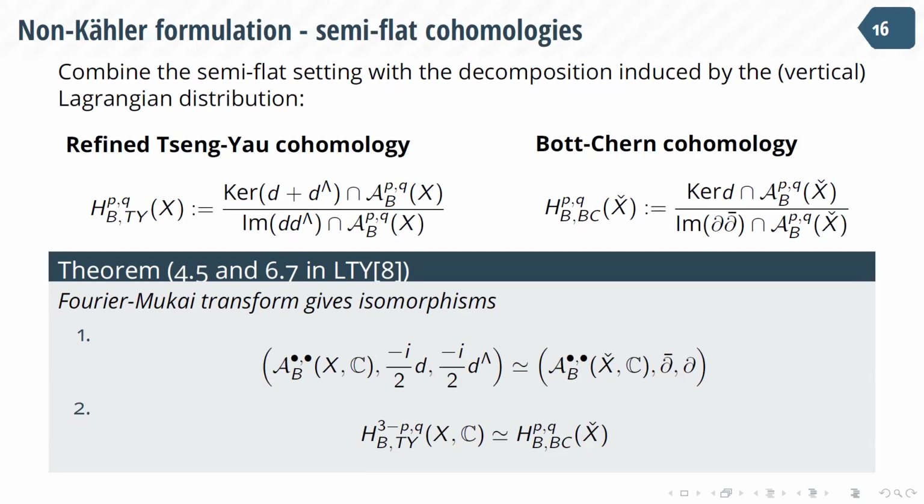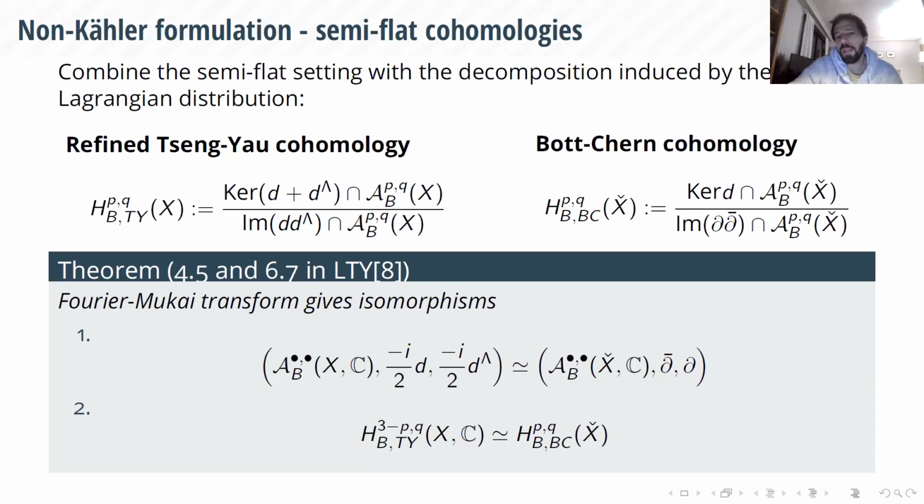The hypothesis in this theorem is that X and X check are two SU3 manifolds, one symplectic, the other complex, that also fit in a semi-flat Strominger-Yau-Zaslow construction.